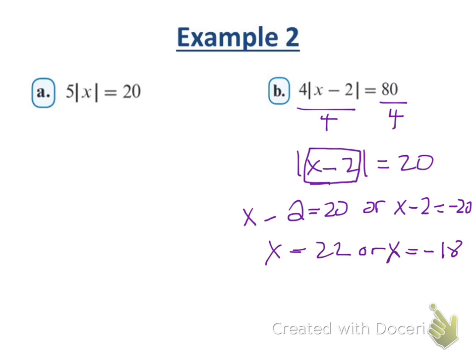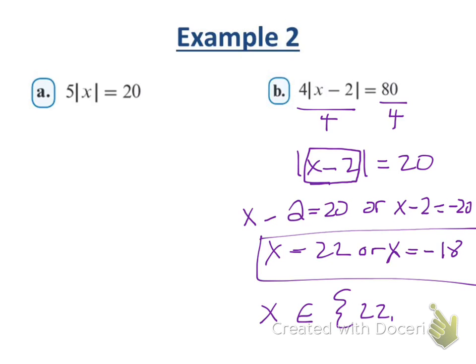Can we put x equals 22 with a comma and negative 18, or can we throw it like that? I'd prefer you not do that. You could use set notation: x is an element of the set 22, negative 18. No, thank you. I just can't do those little brackets and it stresses me out. But in mathematics, strictly speaking, the comma is not used in math for that.